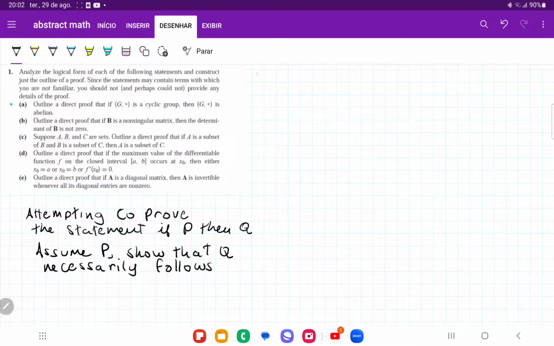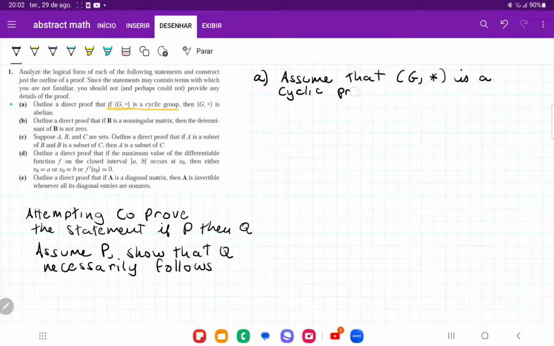So for A, they want us to outline a proof that if G comma star is a cyclic group, then it is abelian. What we begin by doing is we assume the hypothesis, and the hypothesis is this one: if G comma star is a cyclic group. So we begin by assuming that G comma star is a cyclic group.